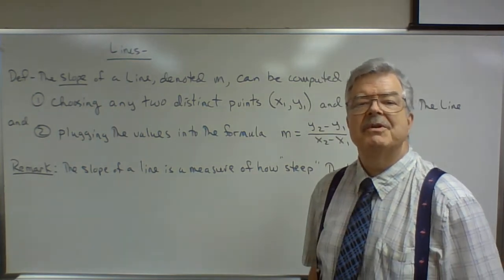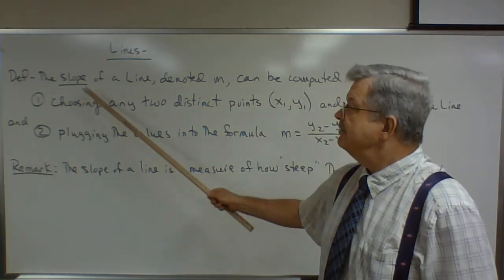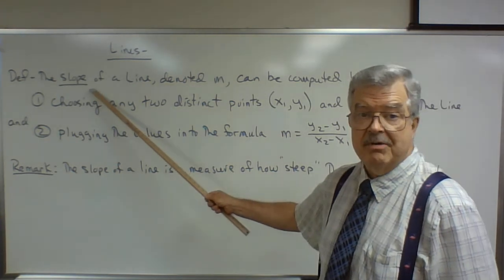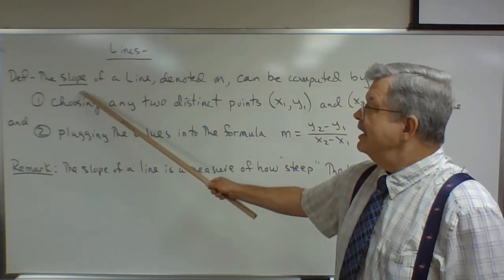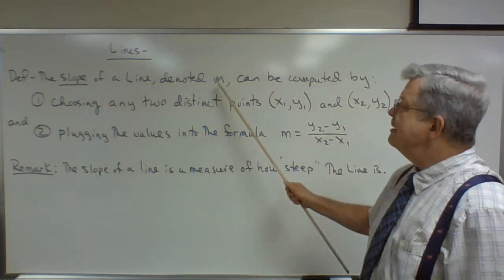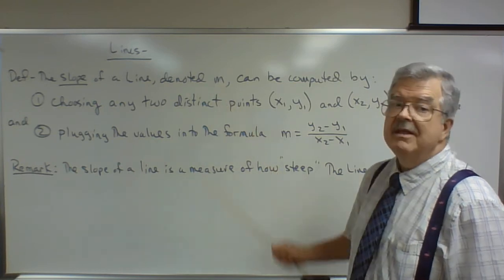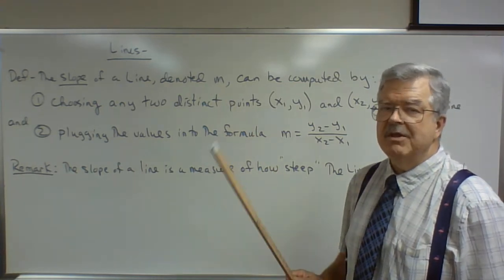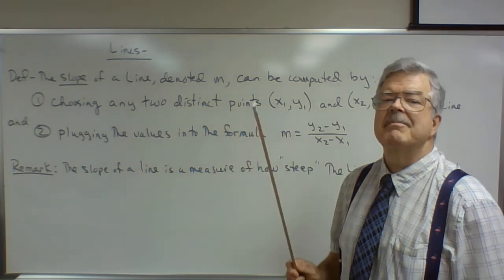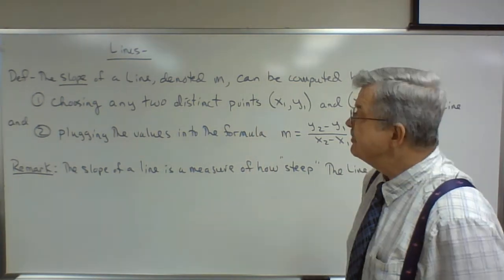First thing we do when we talk about lines is talk about the slope of a line, and we denote the slope of a line by the letter M. Typically in math, when we use the letter M, we're talking about the slope of a line.